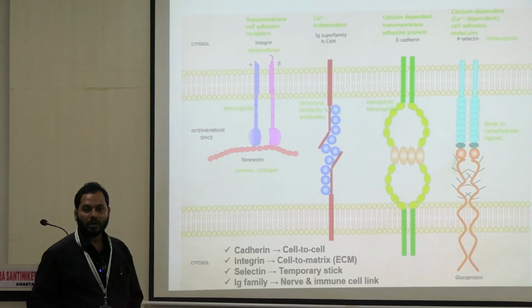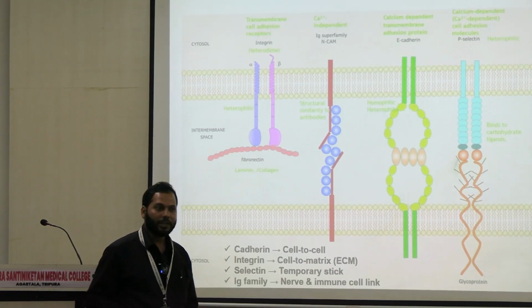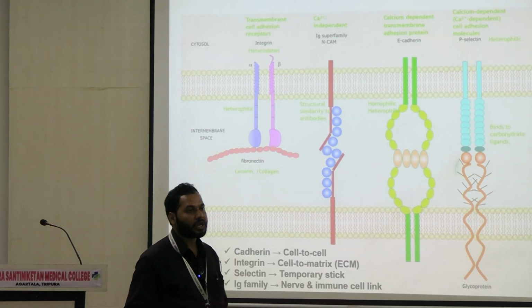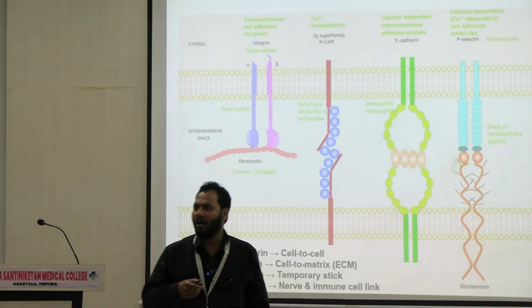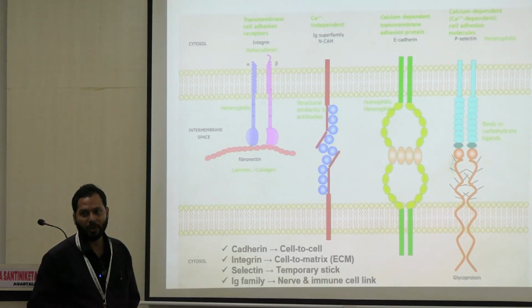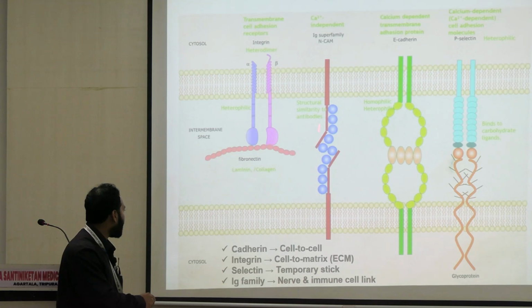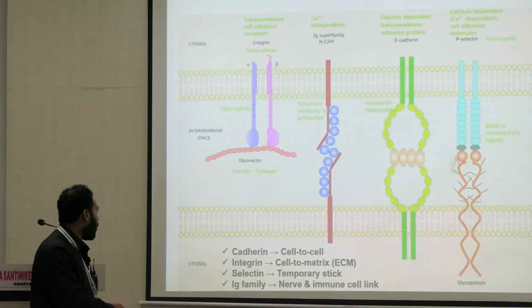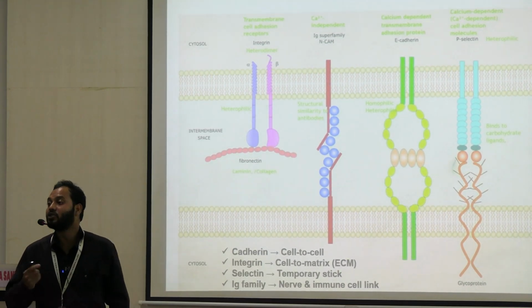This one, the fourth one, is called immunoglobulin superfamily. If you see the structure of the immunoglobulin superfamily, it is very similar to the antibody structure. That is why it is mentioned here as immunoglobulin in nature. What are the most important functional features?